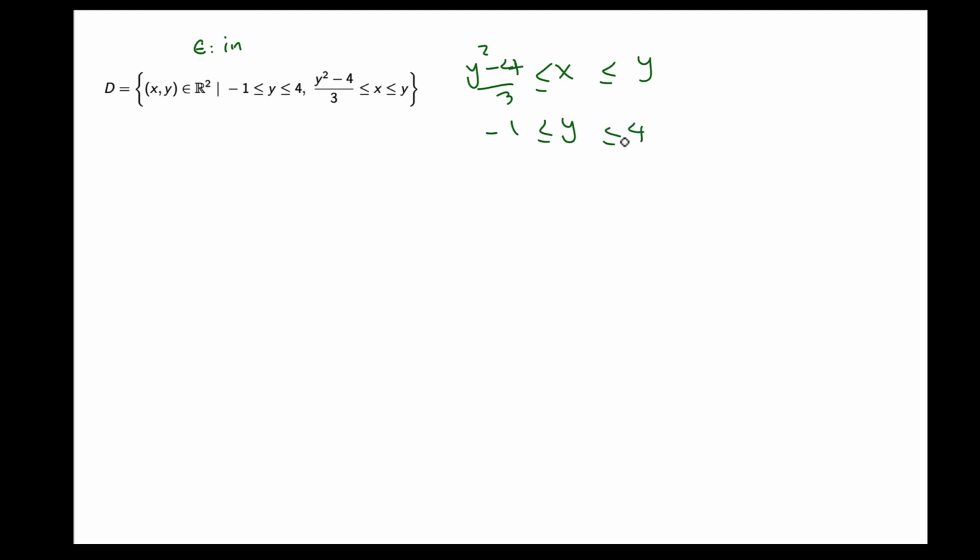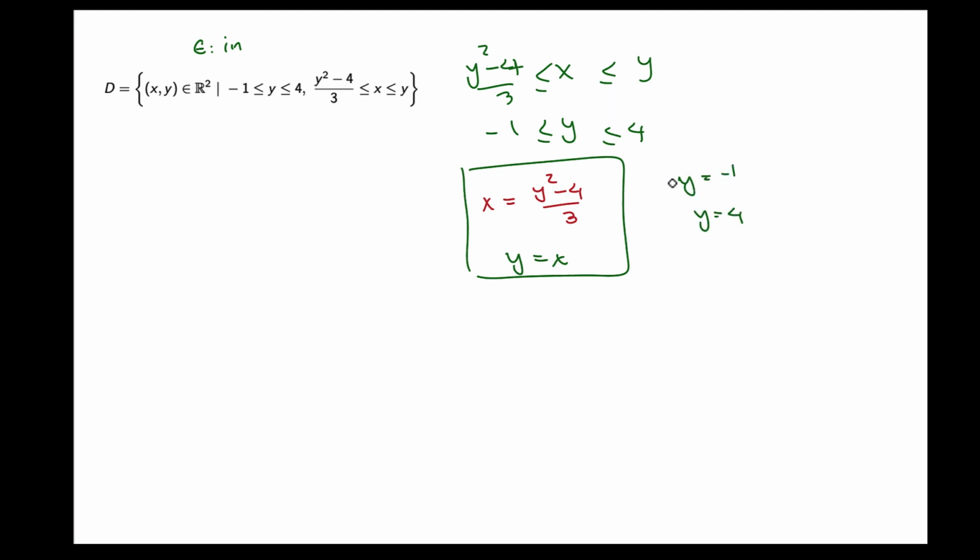Let's graph these boundaries. Boundary 1 is x equal to y squared minus 4 divided by 3. Basically, this is going to be a parabola in the x direction. And then the other one is y equal to x. Let's graph these, the more interesting boundaries. The other two boundaries are y equal to -1 and y equal to 4.